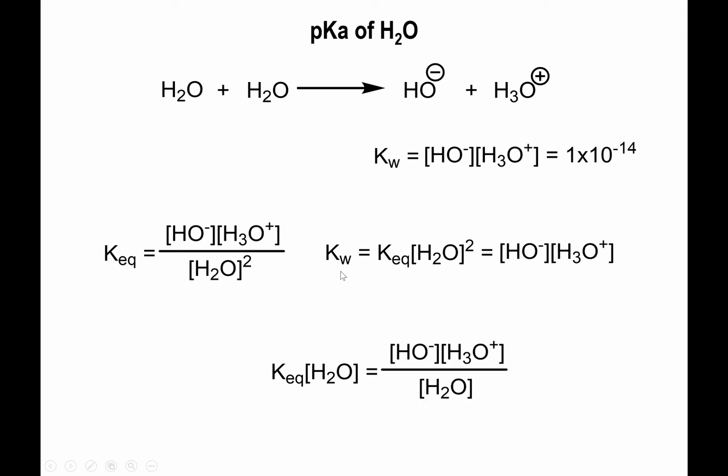But the concentration of water to the first power multiplied by the equilibrium constant is what we call the Ka. So we're actually off between the Kw and the Ka value by a factor of 55.5. In essence, the Ka for water is hydronium times hydroxide divided by the concentration of water, which is the same thing as saying Kw has to be divided by the concentration of water.